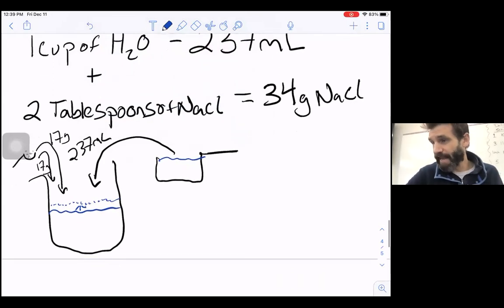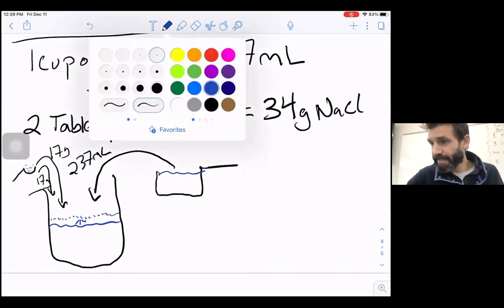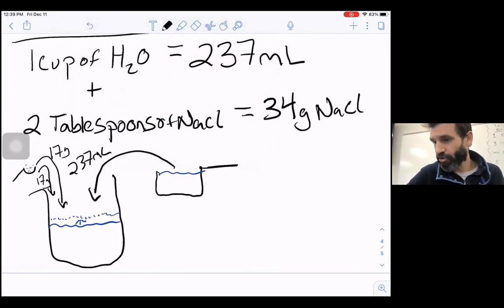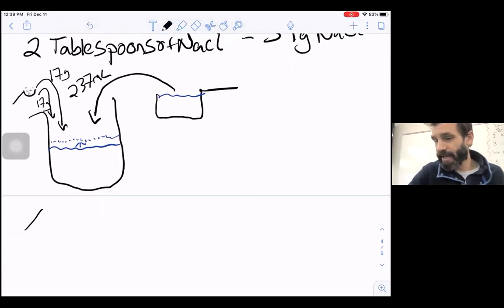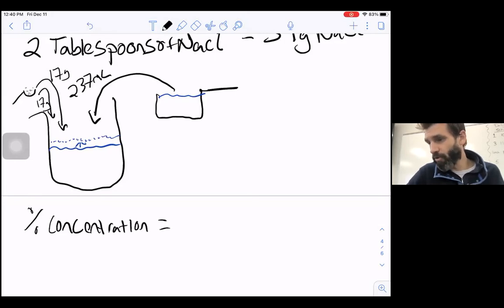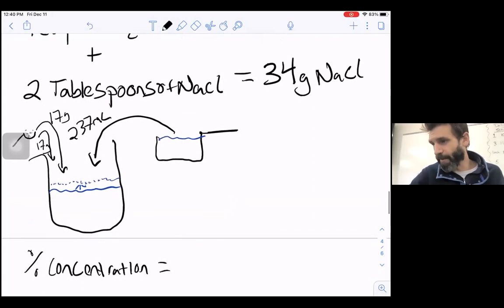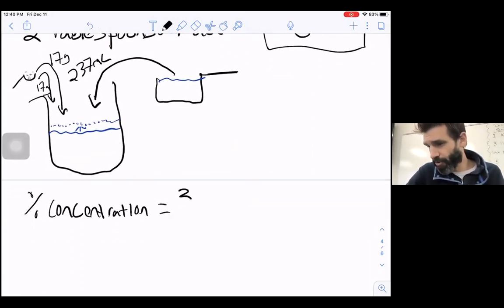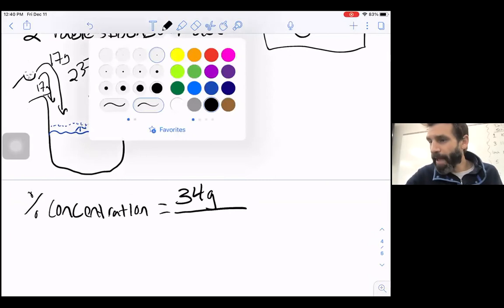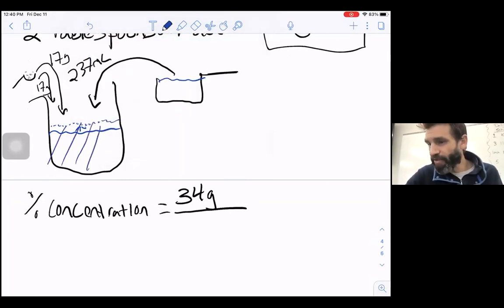So in this case, my percent concentration is equal to my 2 tablespoons, 34 grams of salt, 34 grams, divided by the total mass of this new raised up solution.